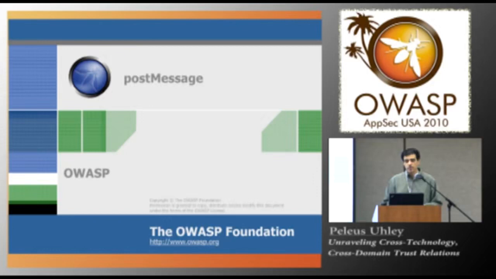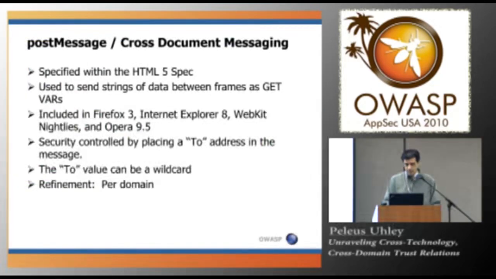Another way of sending cross-domain requests that's been introduced within the browsers is postMessage. This is supported both in IE8 and Firefox. And basically what postMessage does is it allows you to share data in between frames. So if you have a parent frame and a child iframe, what you're able to do is register events between the two frames so that they can pass messages back and forth.